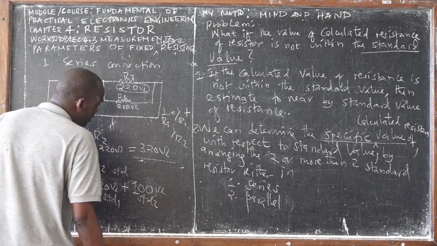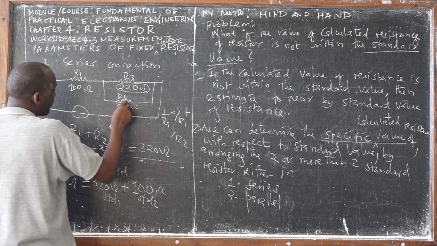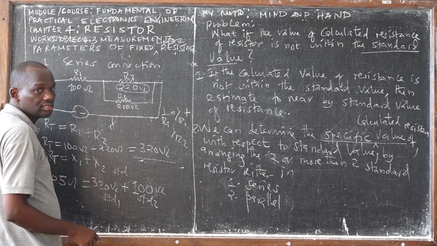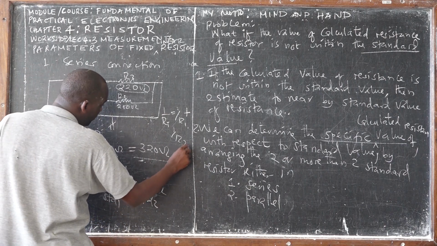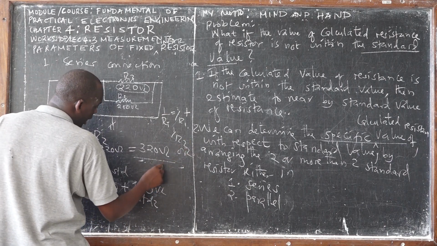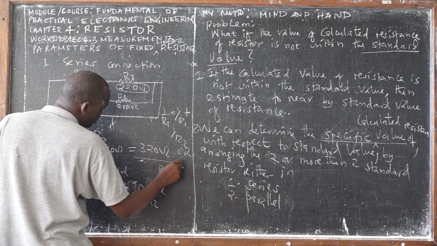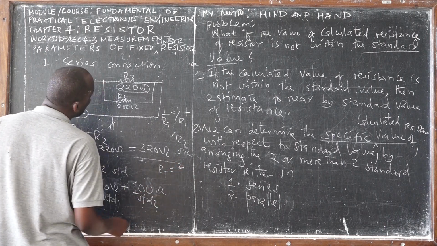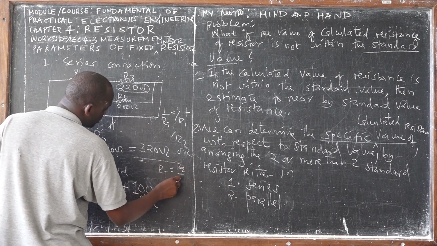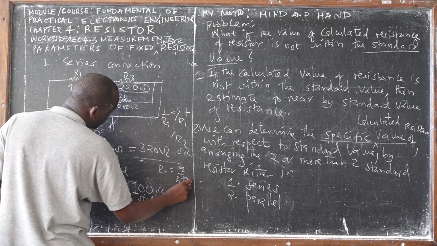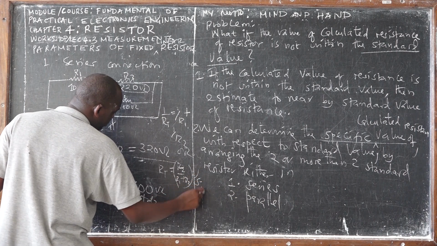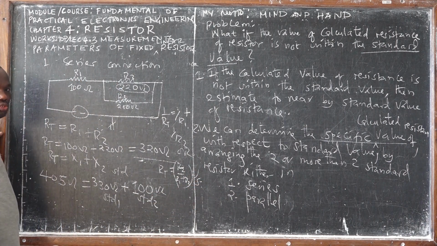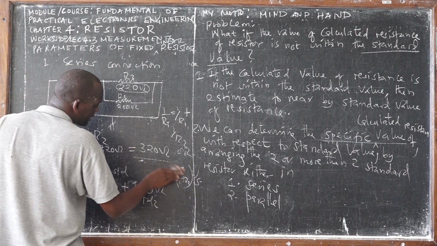For instance, if you take the 200, these are the two which are in parallel. This formula can be written as R total is equal to R1 R2 over R1 plus R2, product over sum. You should know that, and if you don't know this one, you have to review it.